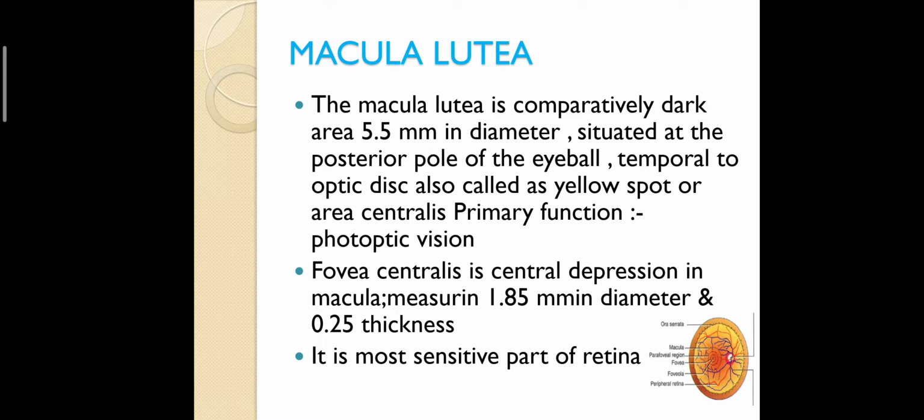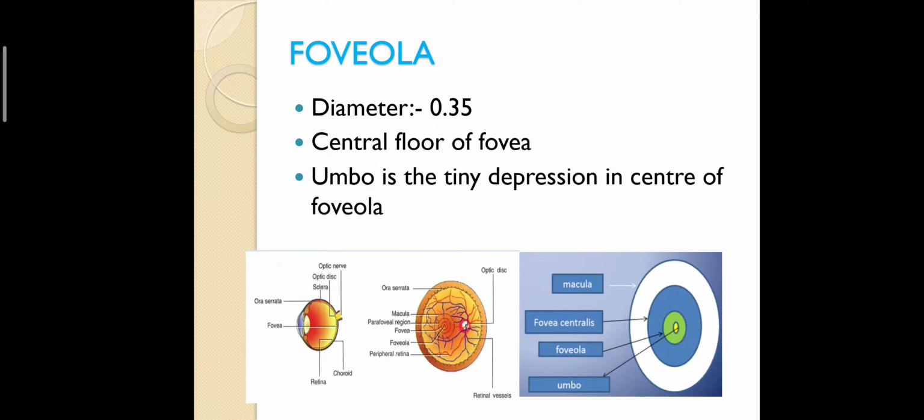This macula is again divided into different parts. Within the macula there is the fovea centralis, which is a central depression in the macula, approximately 1.85 millimeter in diameter, and this is the sensitive part of the retina. Within the fovea you have a smaller part, around 0.35 millimeter, called the foveola.